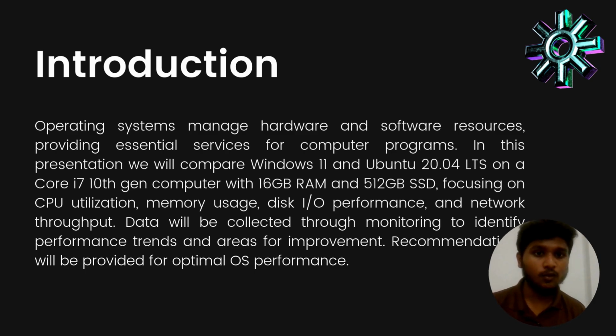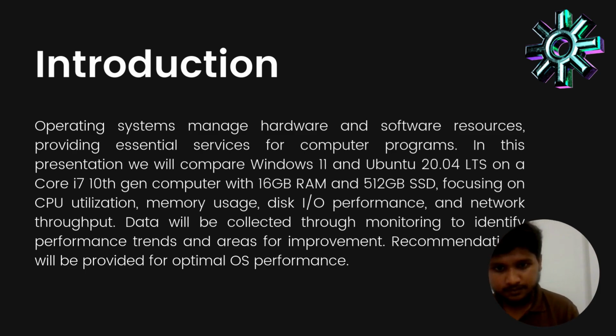So in this video, we will compare Windows 11 and a Linux distribution, which is Ubuntu 20.04 LTS, and we will do this practical implementation and comparison on a computer with the following configuration. The CPU is a Core i7 10th gen with 16 GB RAM and 512 GB SSD. We will focus on CPU utilization, memory usage, disk input output performance and network throughput.